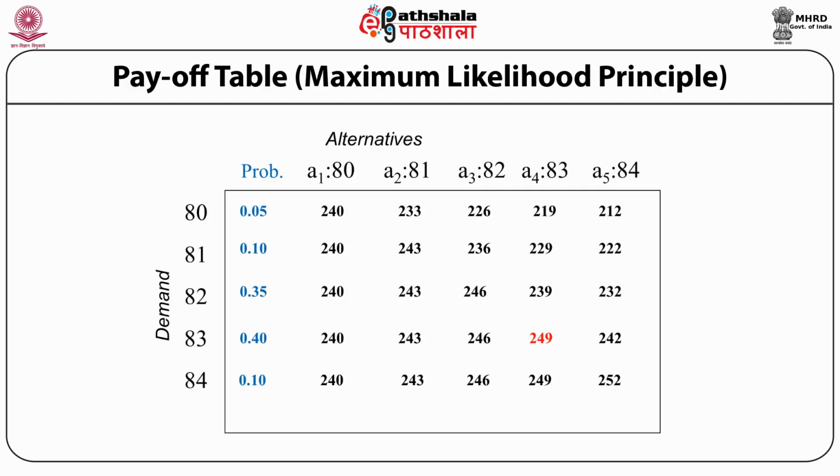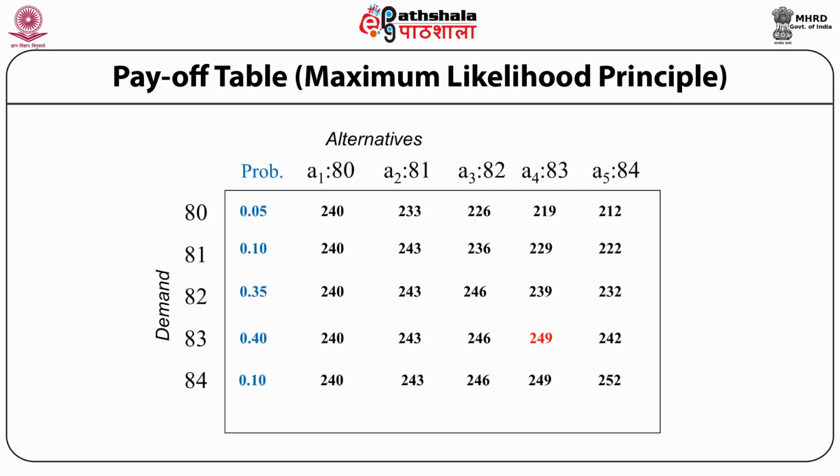For strategy A3, the expected payoff is 246 corresponding to the highest value of the probability, and similarly for strategy A5, the payoff is 240. So out of these values, the highest is obviously 249, and it occurs corresponding to strategy A4. So obviously, as per the maximum likelihood principle, we will go with strategy A4.